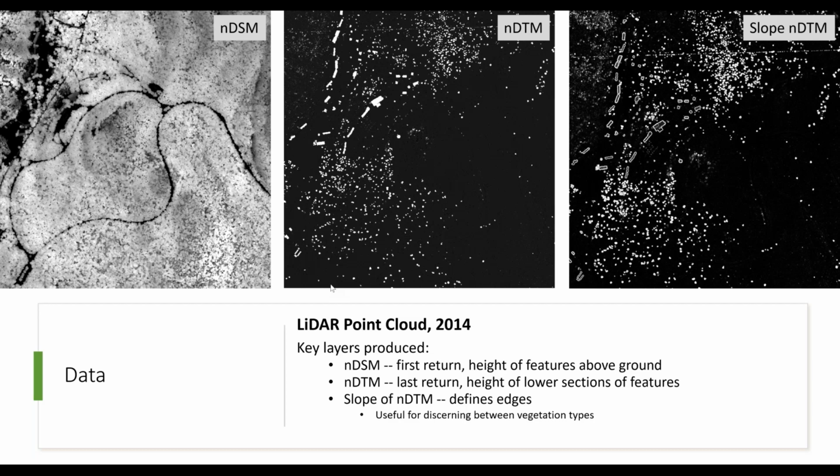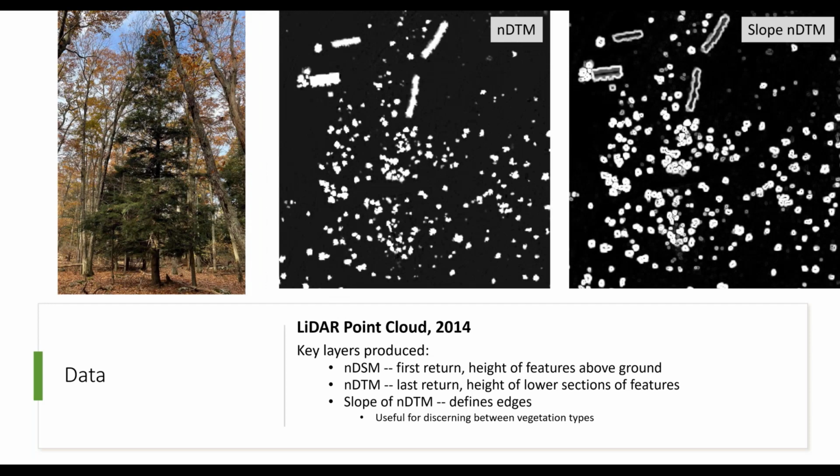Then I made a normalized digital terrain model from the last returns. And what this layer did was it let me focus on features underneath that topmost canopy surface, being especially useful since most of the hemlocks in my study area were subdominant tree species underneath taller deciduous species, as shown in the picture here.